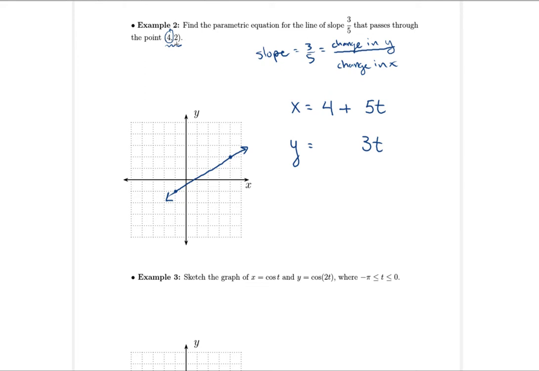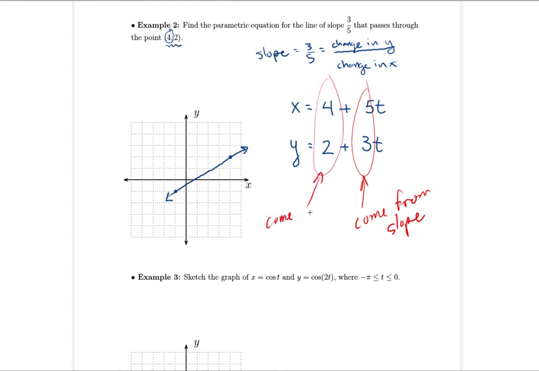And I can grab the y value and let it be the constant here. So I have x equals 4 plus 5t and y equals 2 plus 3t. So you're taking these directly from the slope, and then these come from a point that the graph passes through.